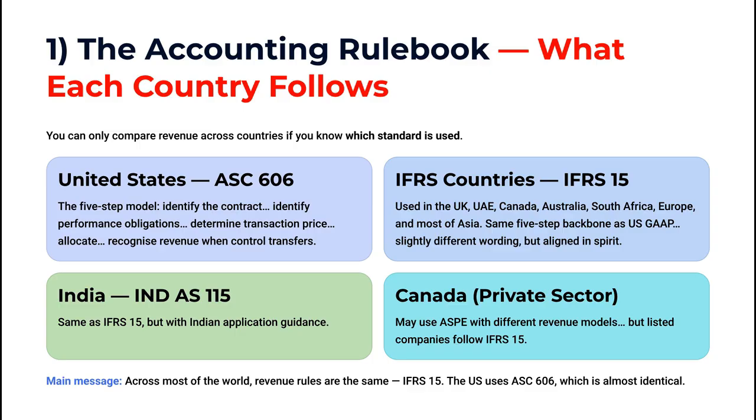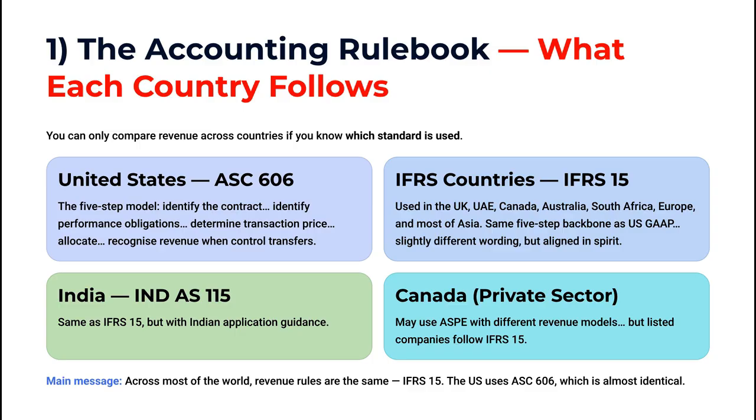IFRS countries. IFRS 15. Used in the UK, UAE, Canada, Australia, South Africa, Europe, and most of Asia. Same 5-step backbone as US GAAP. Slightly different wording, but aligned in spirit. India, INDAS 115.